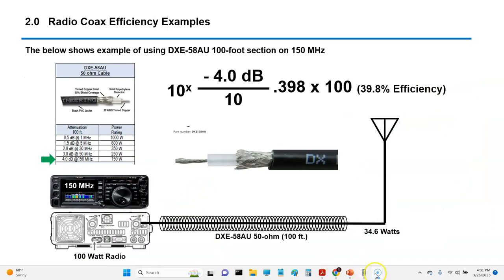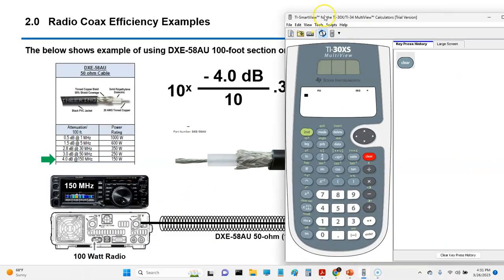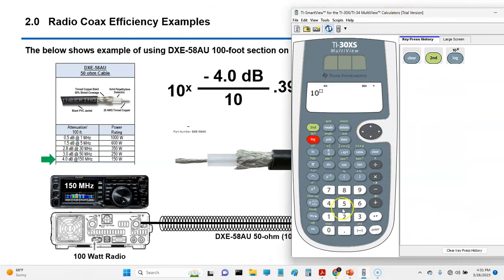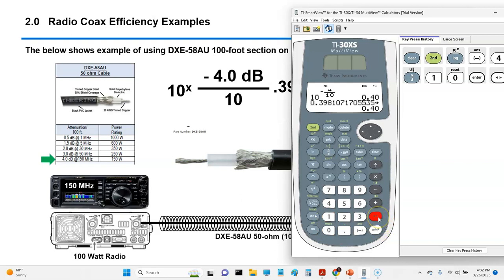All right, so that looks good. Let's do a couple of problems here and then we'll wrap it up. We've got a coax loss of minus 4 dB at 150 megahertz for 100 feet. So we're going to do shift log. Minus 4 over 10 is going to give us roughly 3.98 times 100 watts.